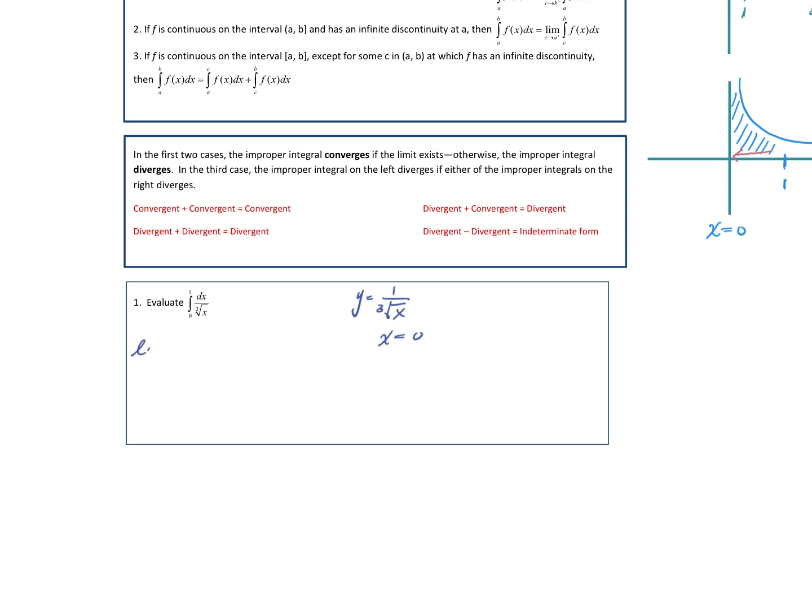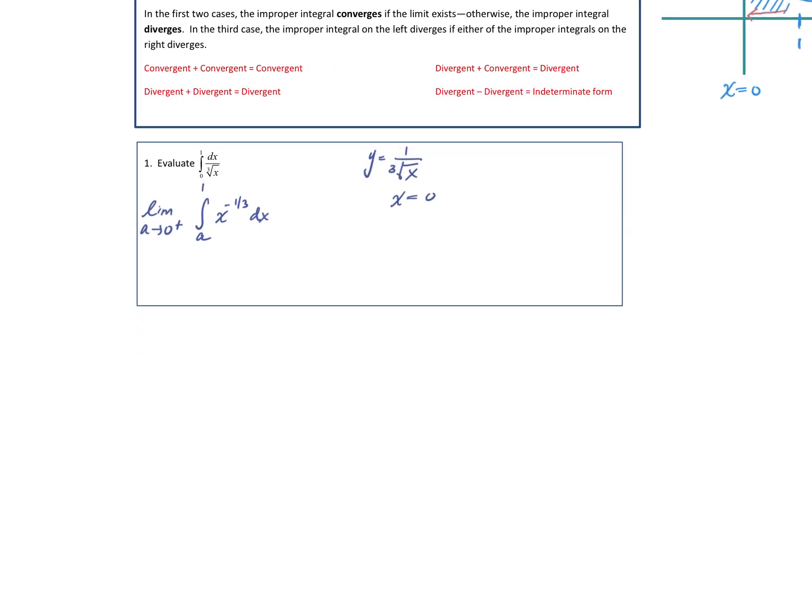So we've got the limit as a goes to 0 from the right, and it's going to go from a to 1, and then we have x to the negative 1/3 power. Raise it up by 1, divide by new power, so we get the limit.